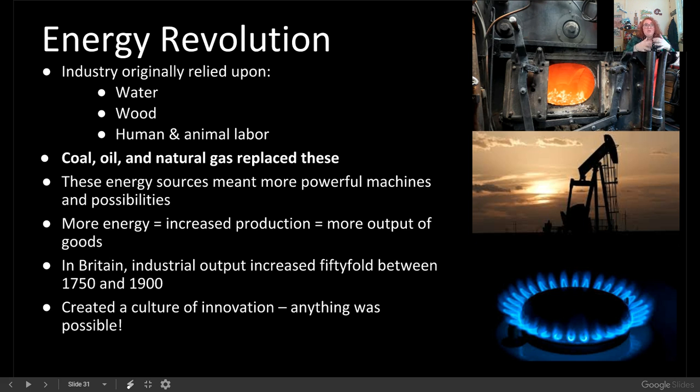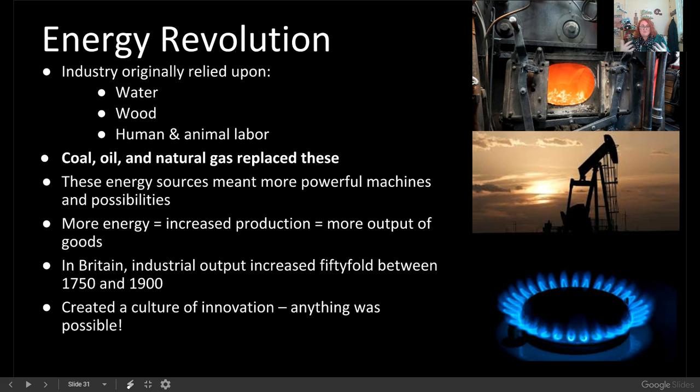Well, when humans started to figure out that you could take this black rock known as coal and burn it for energy, they were able to harness the energy of coal and natural gases to replace them. It made much more powerful energy, and you also took out the human factor in all of this. So the more energy they got from coal, the more they could produce, which means they could output more.